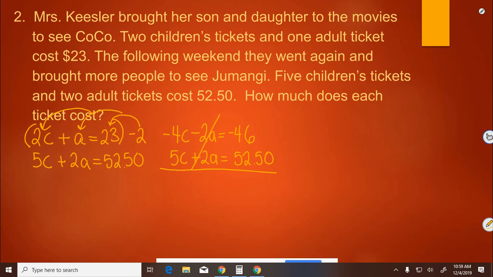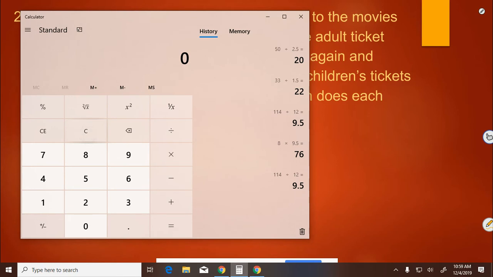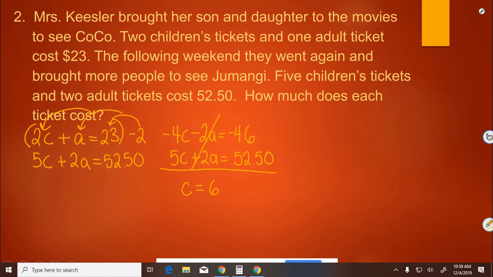Cancel out the 2A's. 5C minus 4C is just C. And then do negative 46 plus 52.50, or 52.50 minus 46. And we get 6.5. So obviously the Kieslers went on a matinee day because you can't get a ticket for $6.50 anywhere. But that's the cost of the children's ticket.